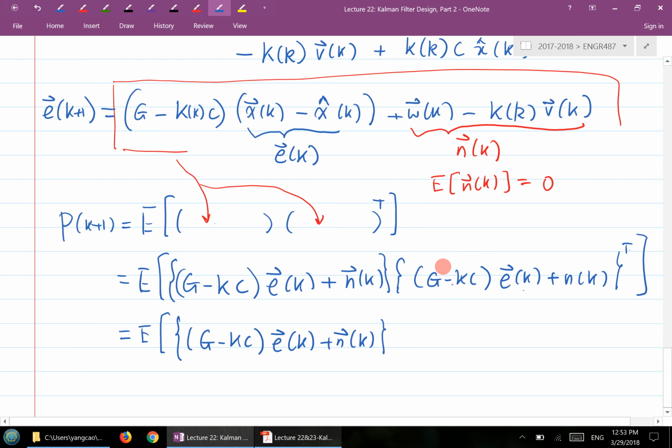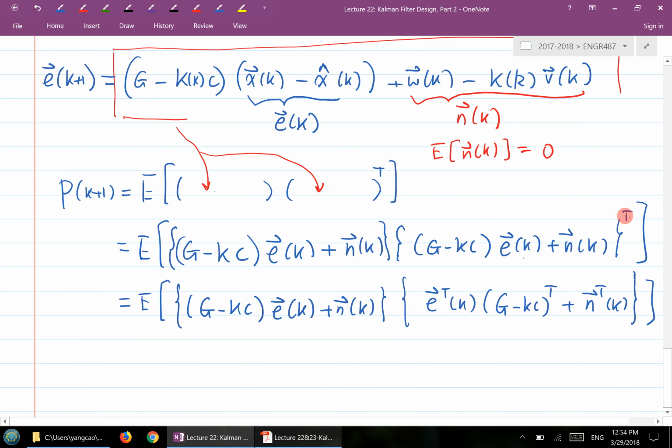So the first term becomes E transpose, and then (G minus KC) transpose plus this N transpose right here. Okay, so that's one more step. Sounds good? Not too complicated actually.